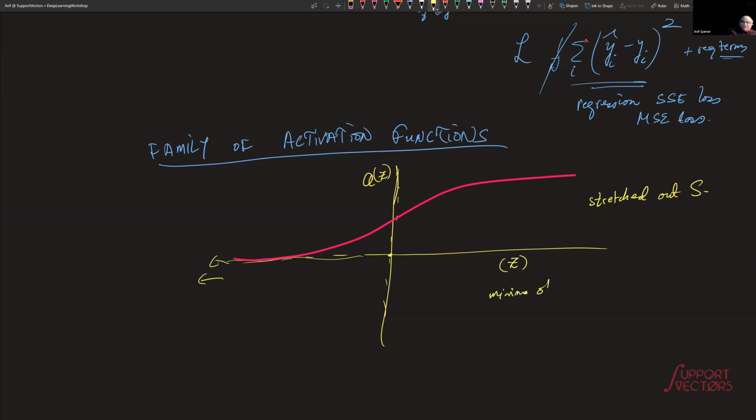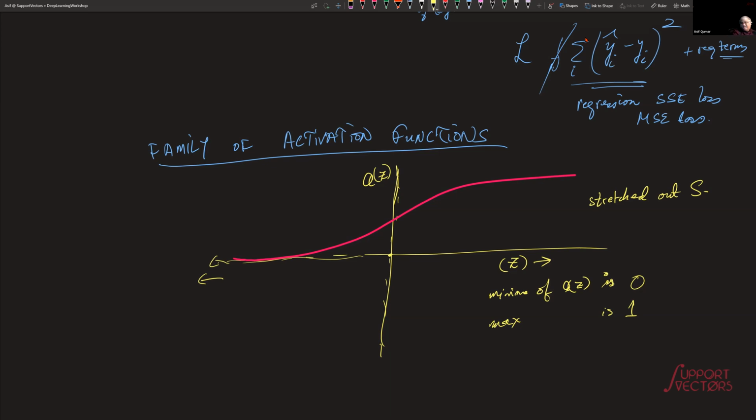Can you look at this picture and tell what the minimum is, guys? Look at the y-axis, the activation. What's the lowest value it achieves? 0. And what is the maximum that it achieves? 1.